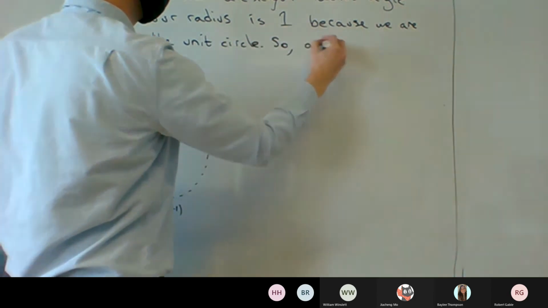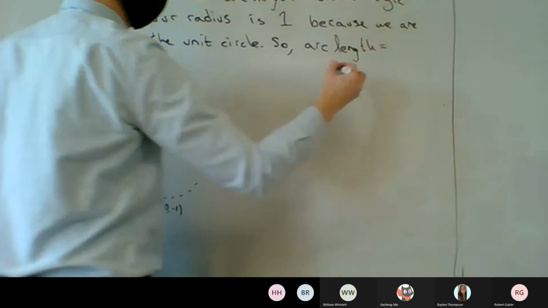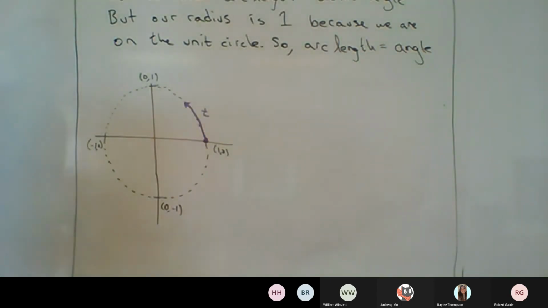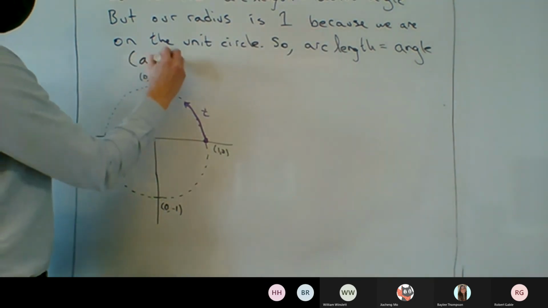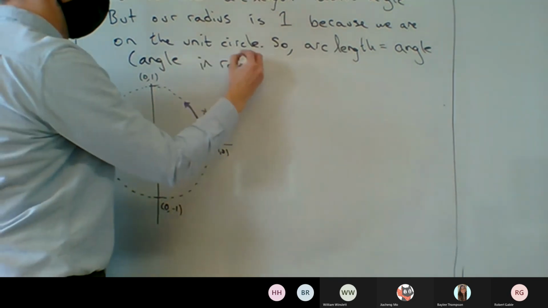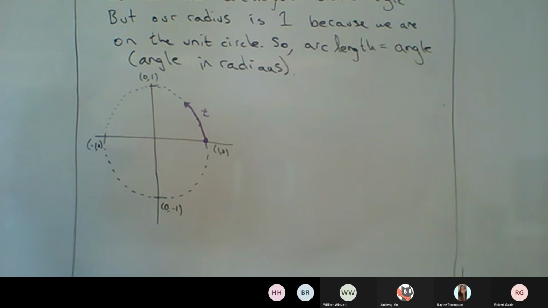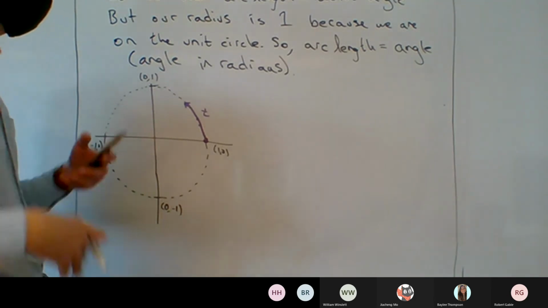So the formula boils down to, if radius is 1, arc length is equal to the angle, in radians of course.